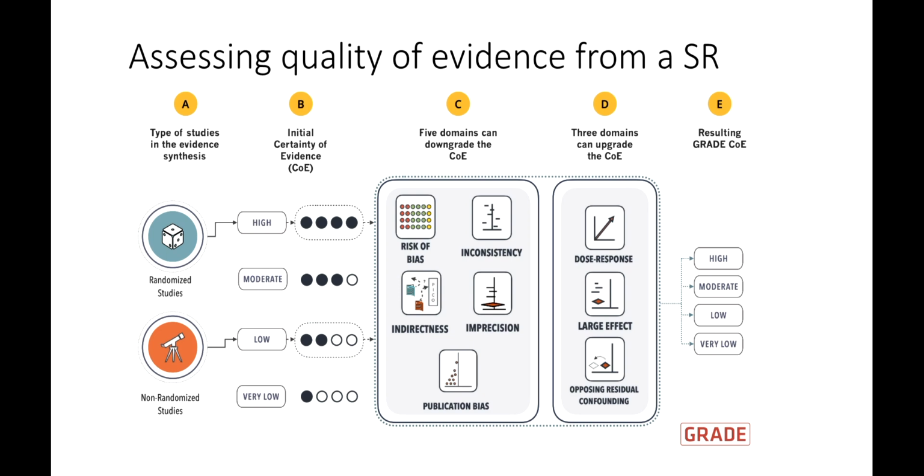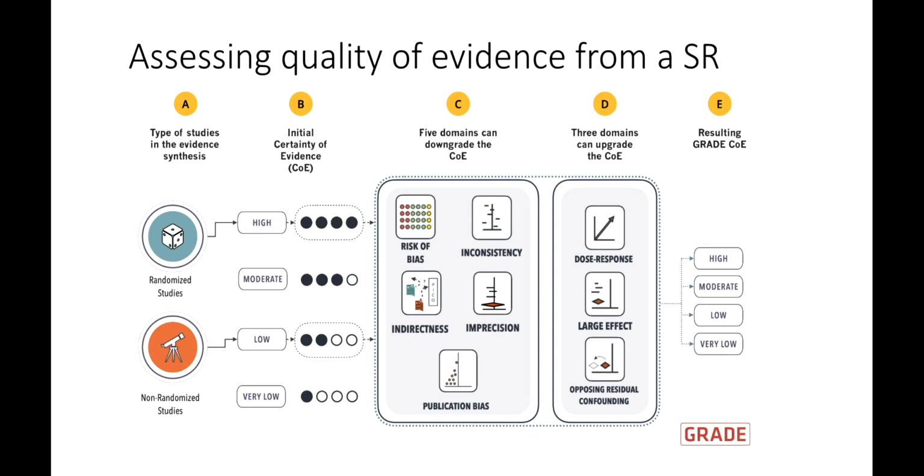So we start with the high quality evidence, and then there could be reasons to downgrade that quality of evidence. If there is high risk of bias, if there's an inconsistency, if there's an indirectness, imprecision, and publication bias, we will downgrade that quality of evidence. You can go down 1 or 2 categories. So from high, you can drop to moderate and low if you consider there's a problem in each of these categories.